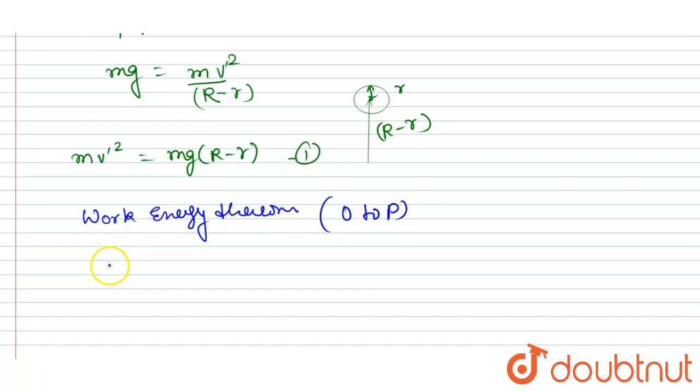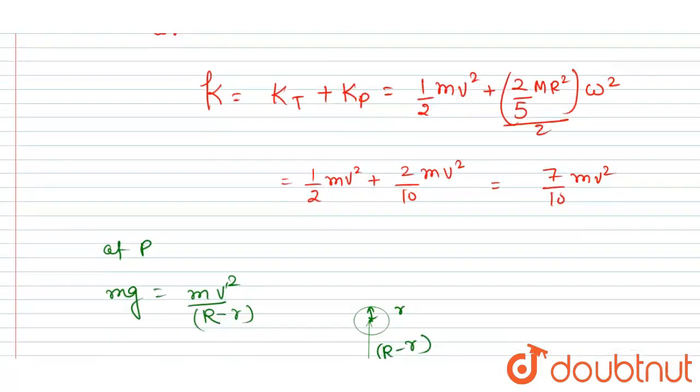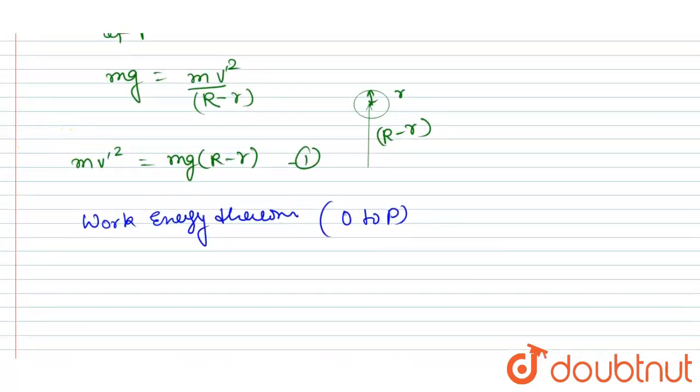The only force doing work is mg. The distance traveled in the direction of the gravitational force, taking the displacement of the center of mass of the sphere, is 2 times R minus r. So I will write mg into 2 times R minus r with a negative sign, since gravitational force is acting downward and displacement is upward, is equal to change in kinetic energy.